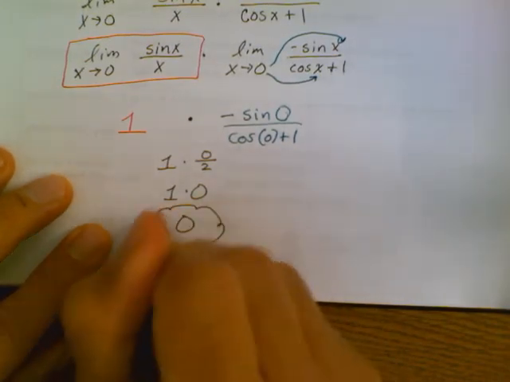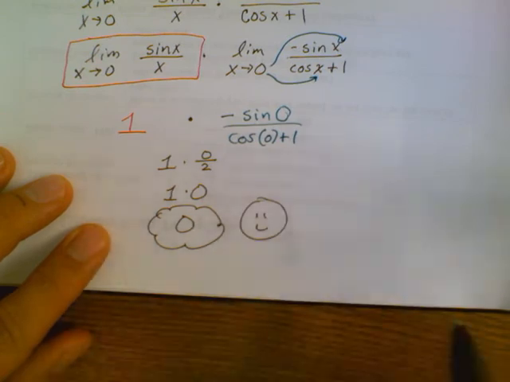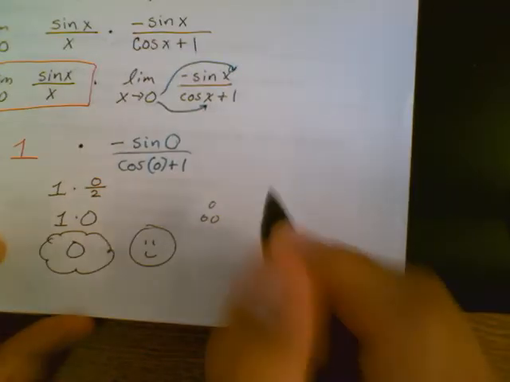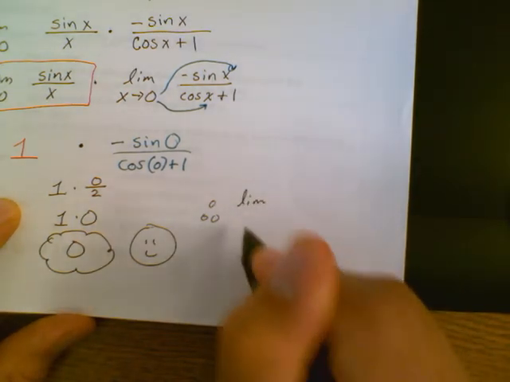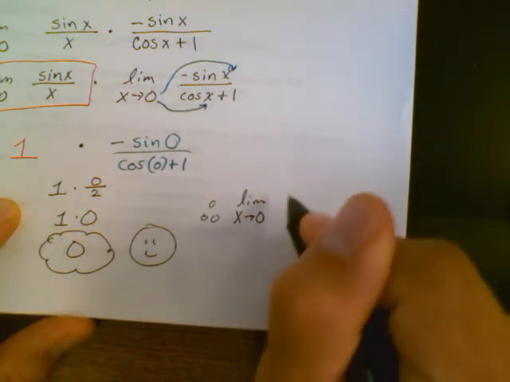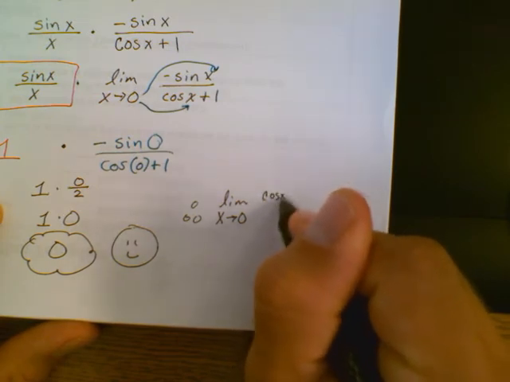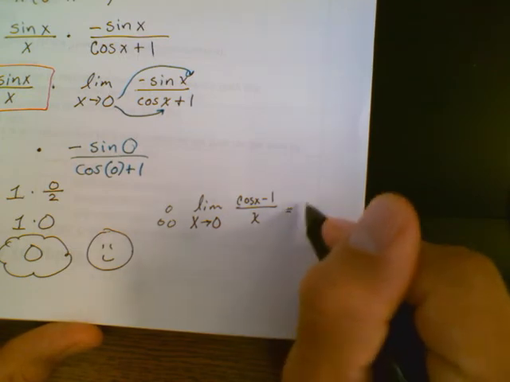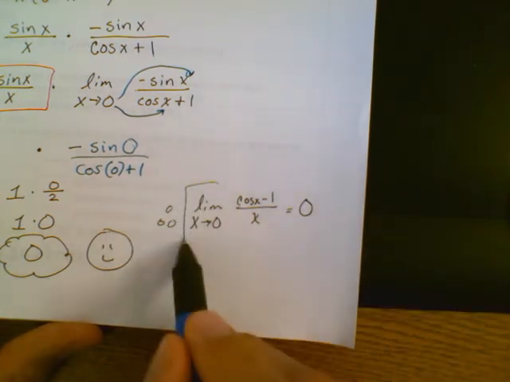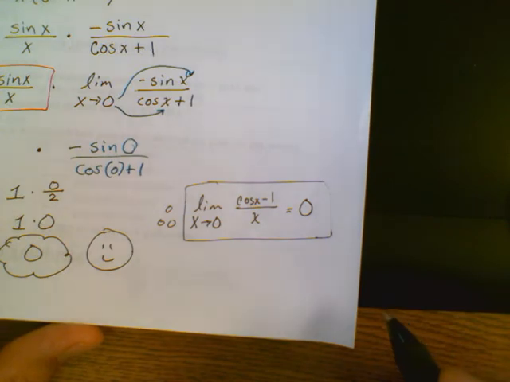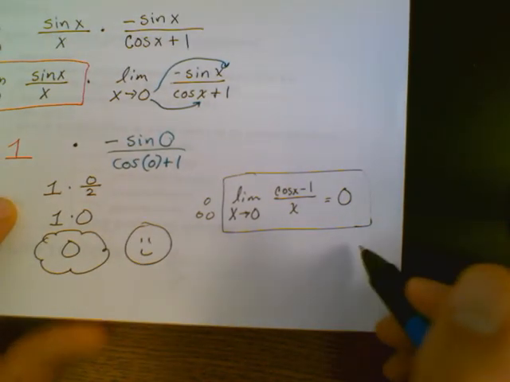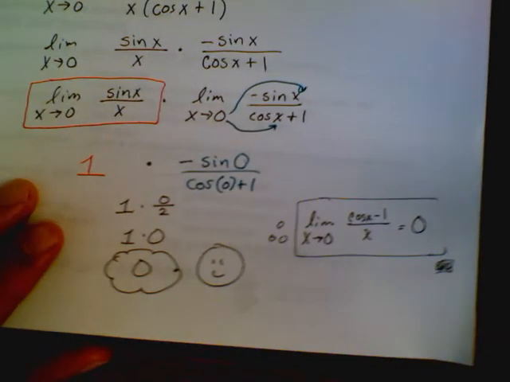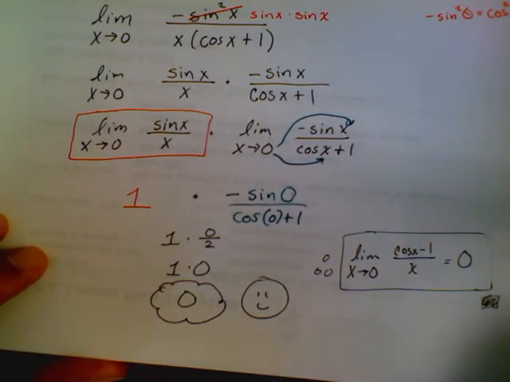And that's what we were looking for the whole time. Therefore, the limit as x approaches 0 of cosine x minus 1 over x equals 0. This would be the last statement of a proof. If you were super formal, you would have a shaded box at the bottom to let everybody know you're done.